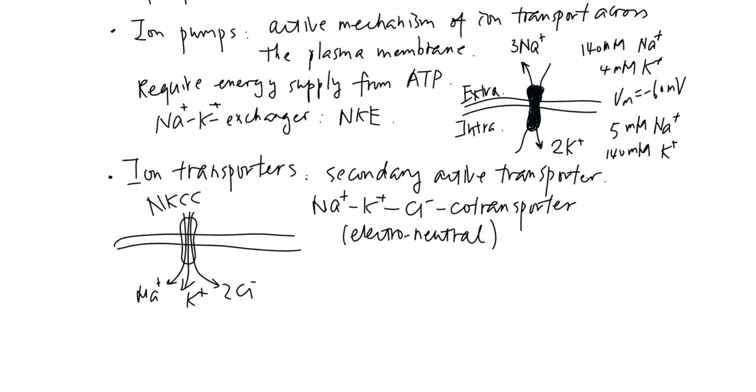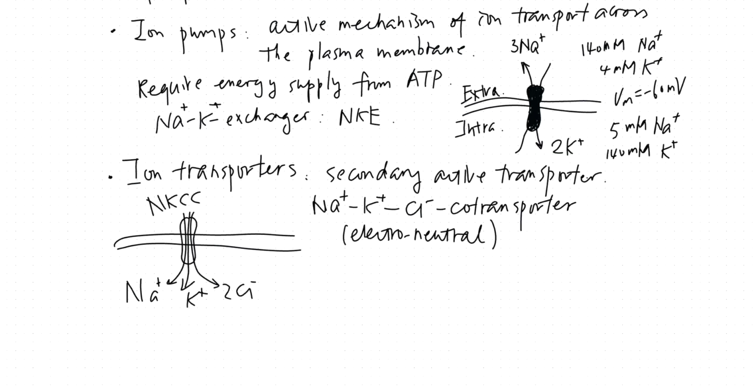Why do we call it secondary active? Because of the electrochemical potential of sodium, it would like to move into the cell. So for sodium to move in, it doesn't require extra energy. It just flows along the electrochemical potential difference.